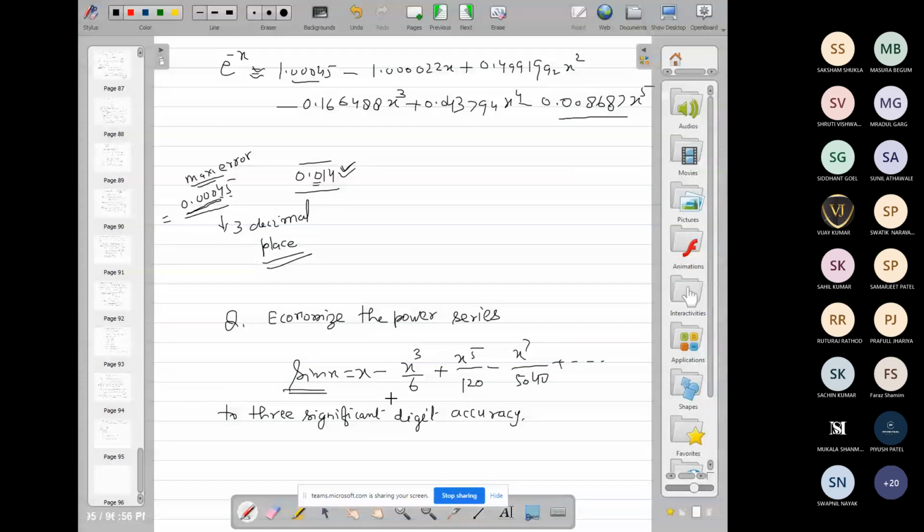So find the economized form of the given sine series.